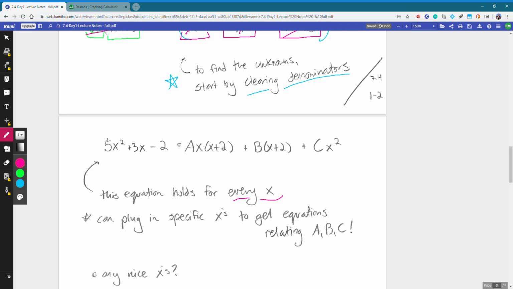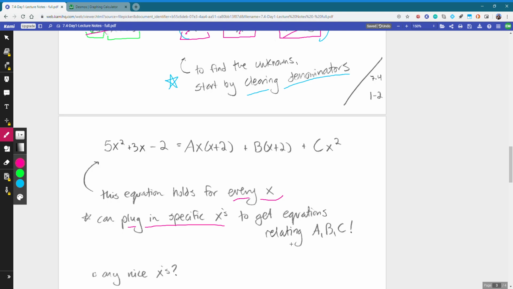Notice what would happen if we plugged in an x wherever we saw an x. What we'd be left with are numbers and our unknowns, a, b, and c. So we'd like to plug in whatever x we'd like to get some equations relating our unknowns, and then use these equations to find out what these are.